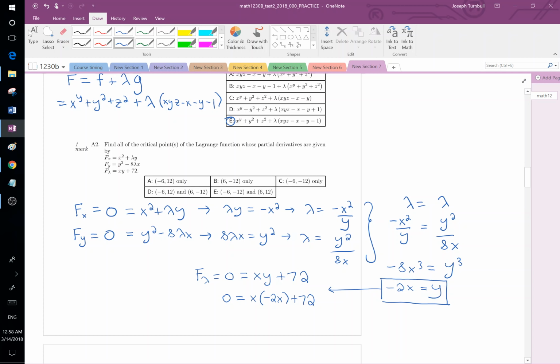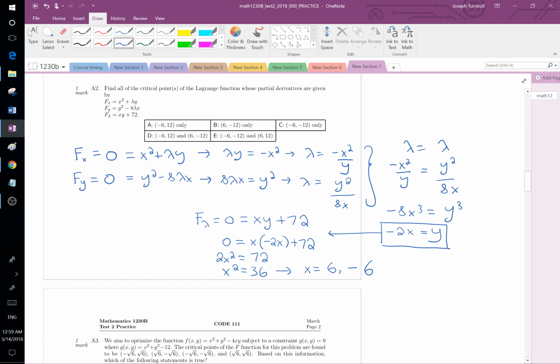Add the negative 2x squared to both sides, so positive 2x squared is equal to 72. Divide both sides by 2, x squared is equal to 36. And that's going to be true when x is 6 or negative 6.